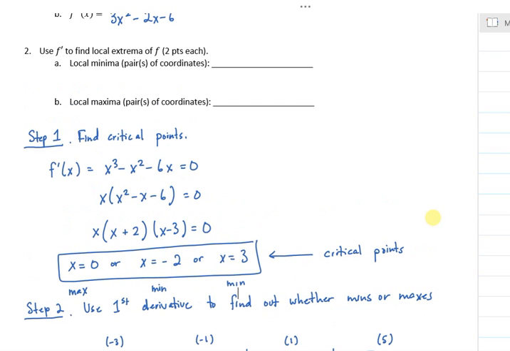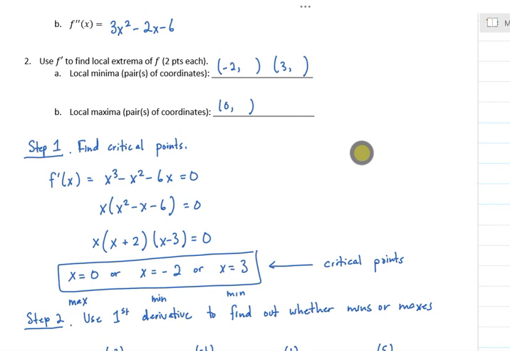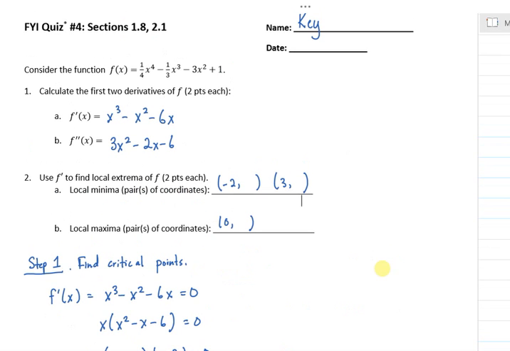Okay. So I had one maximum, it's 0 something, and my minimums are -2 something and 3 something. To get the something, we need to plug these into the original function. I'll do the 0 because it's the easy one, and then you guys can try the other ones.